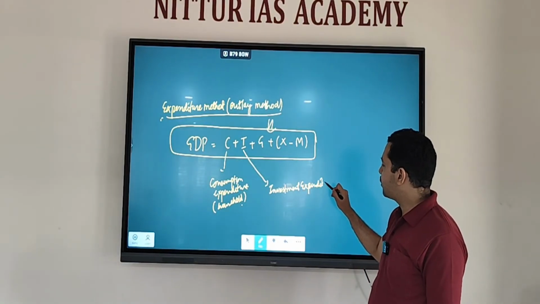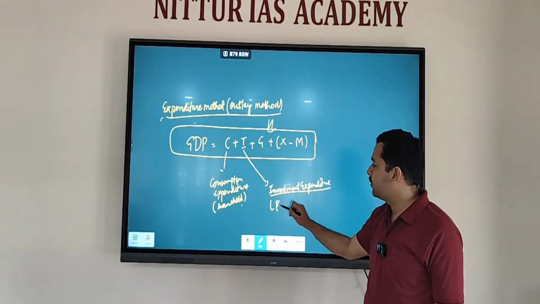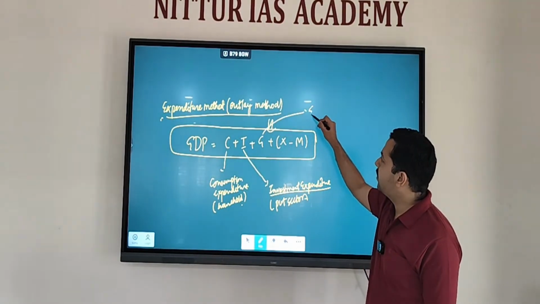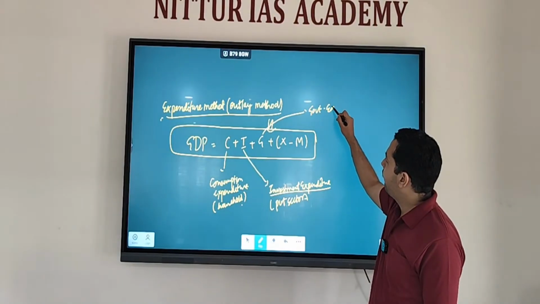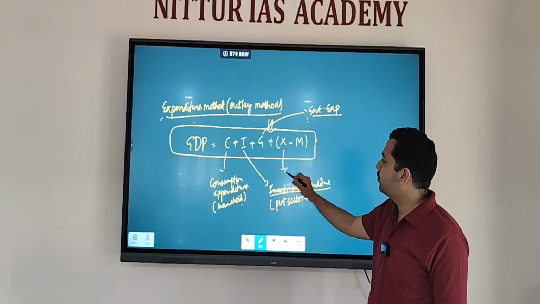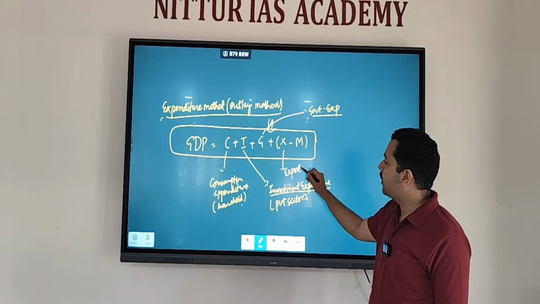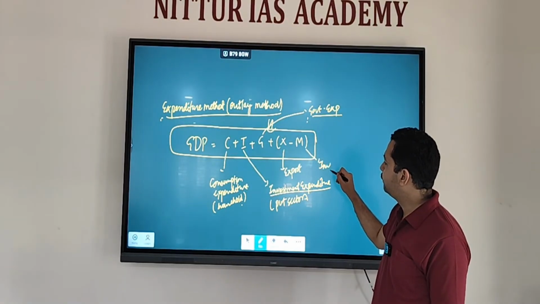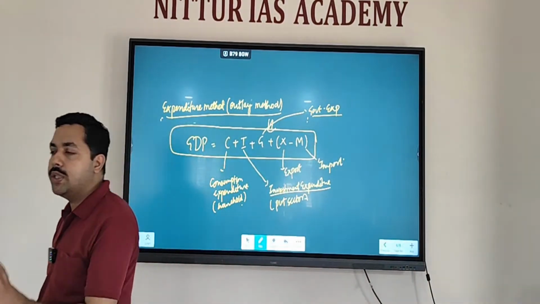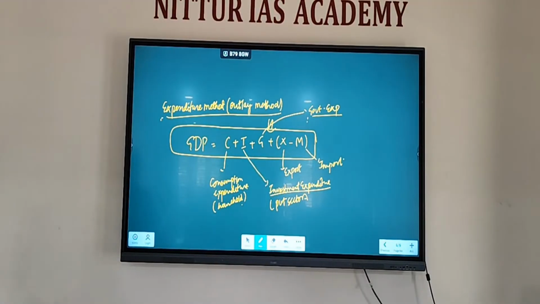The private sector invests money. G stands for government expenditure. X stands for exports. M stands for imports. So GDP is equal to C plus I plus G plus X minus M. This formula we use for the expenditure method.